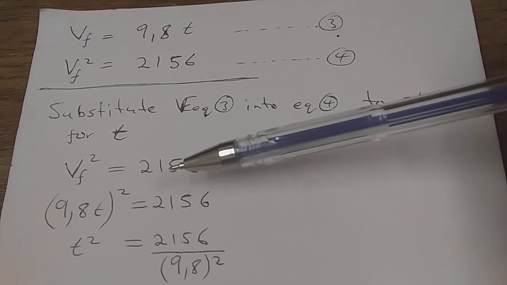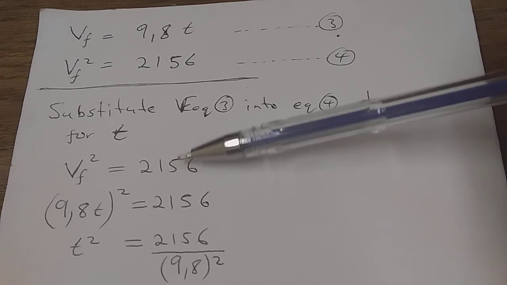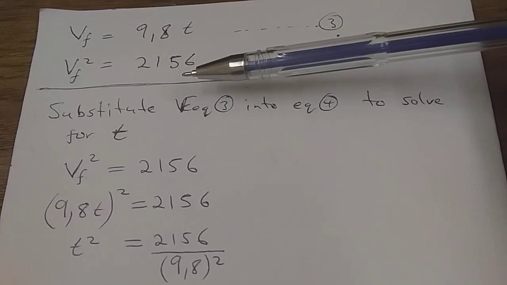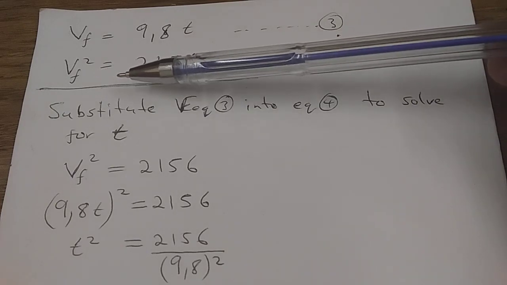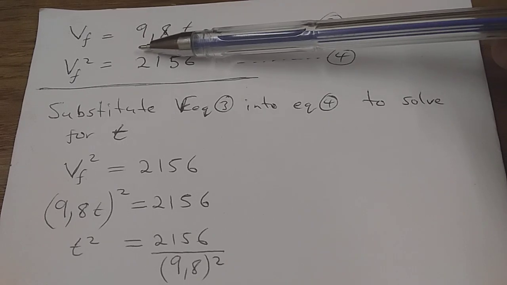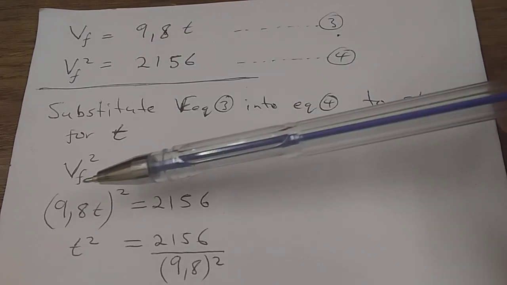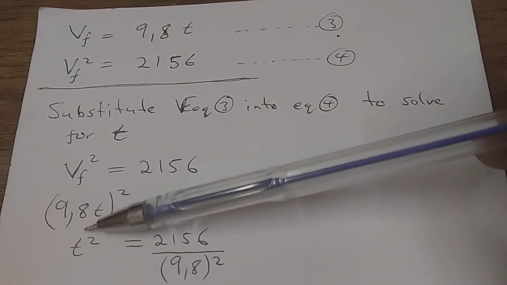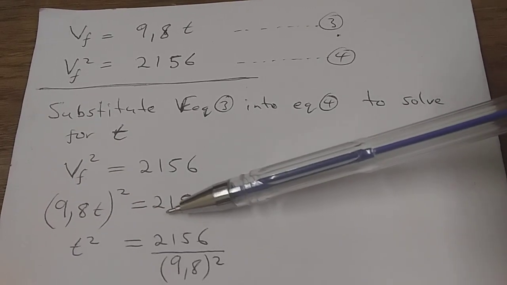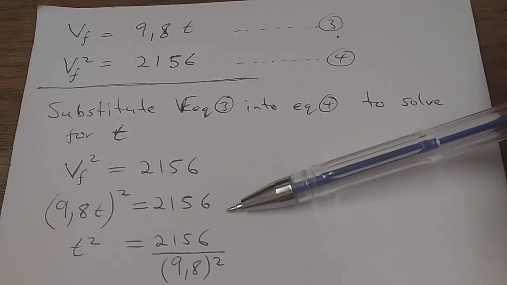So equation 3 is this one. Equation 3, we substitute it into 4. So equation 4 is this one. Okay, so you take VF, 9.8t, you put it inside. That is your VF. Then you square. It is equal to 2,156.